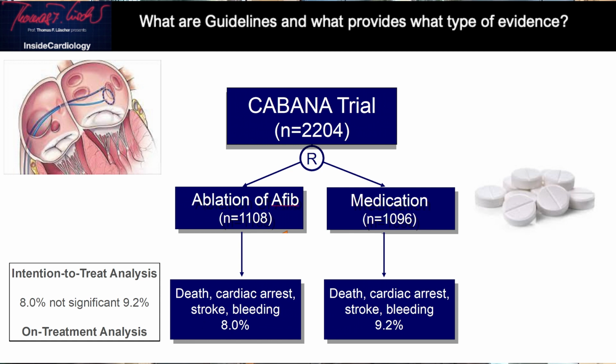So can we decide based on that ablation doesn't work? Well, on an intention to treat, it doesn't. But one thing one has to see when we read these trials, in this very instance, 28% of the medical group eventually got an ablation, but they're analyzed as if they would have been only on medication.